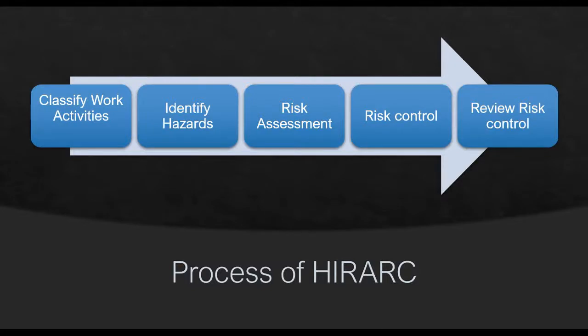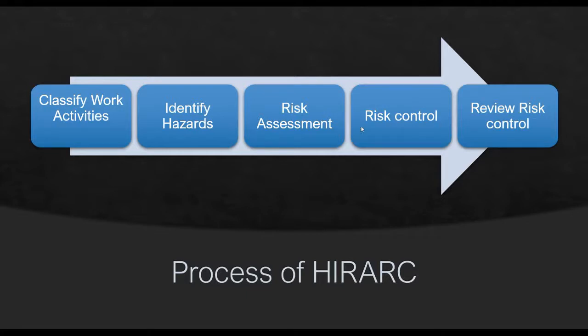So this is the process of HIRARC. As we can see here, it starts from classifying the work activities, followed by identifying hazards, and then risk assessment, risk control, and reviewing the risk control. The arrangement of the process is that first we identify the hazard.